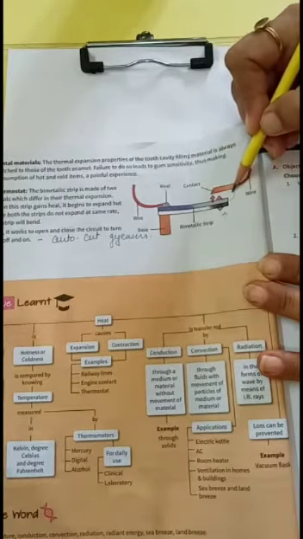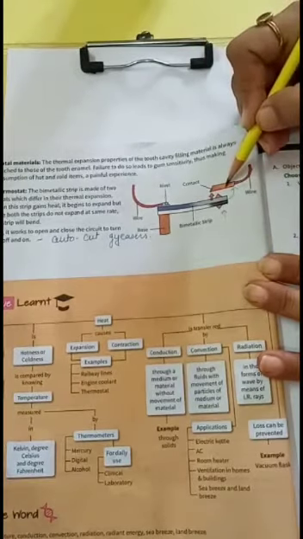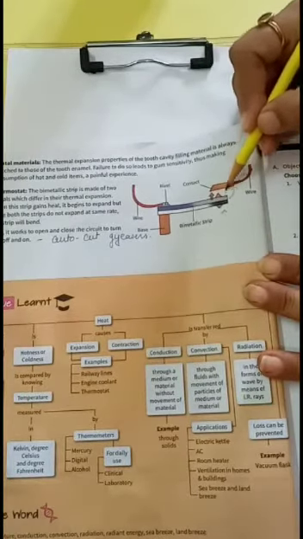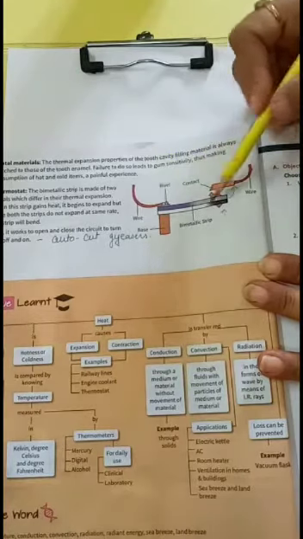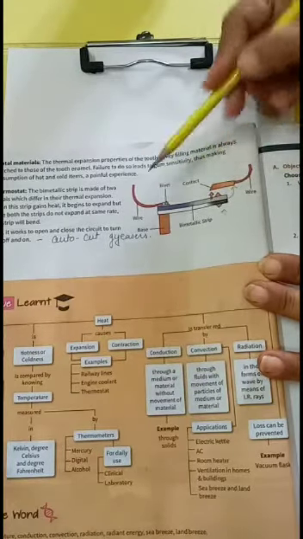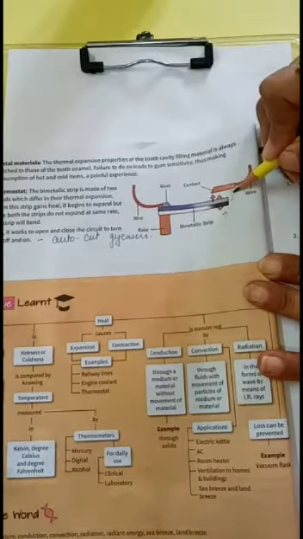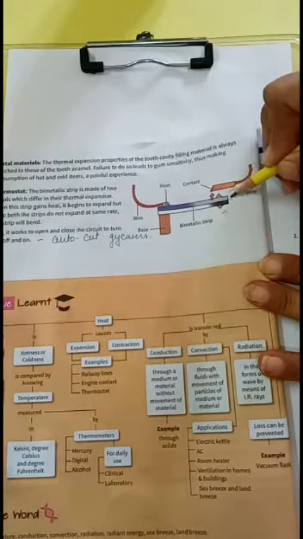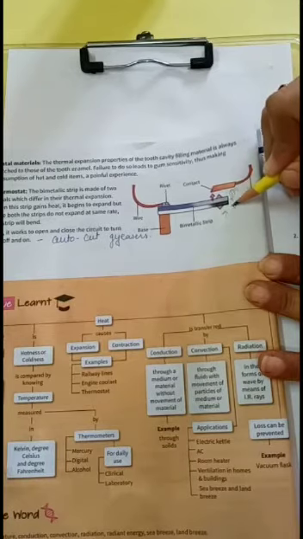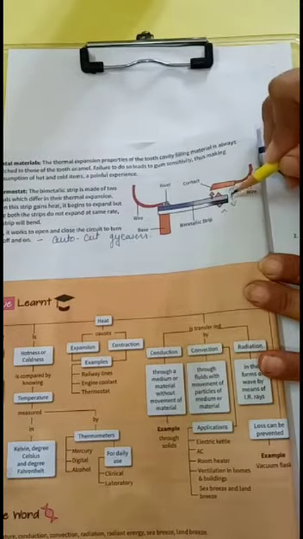So it bends and contacts the metal tip over it, and it completes the circuit. This is how the circuit is completed, and the water will remain hot. Once the temperature is attained and the heat is removed, it will again contract and will switch off the button.